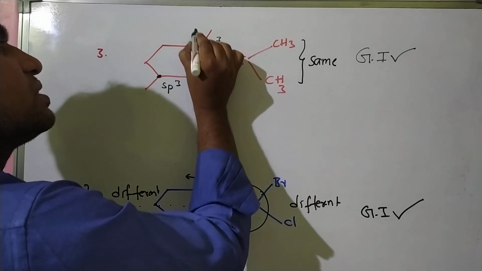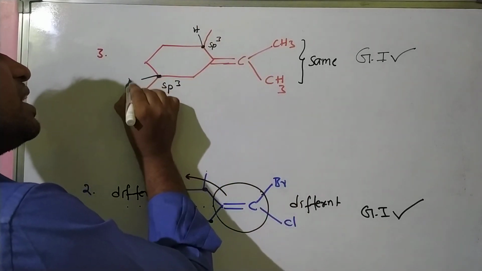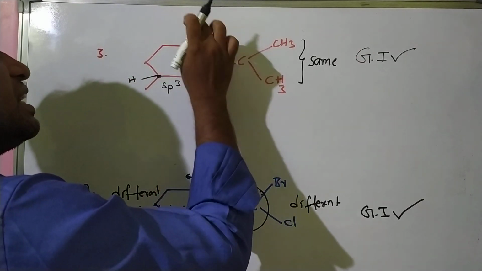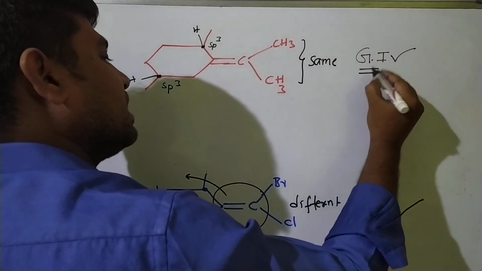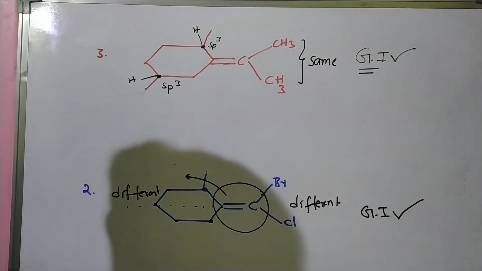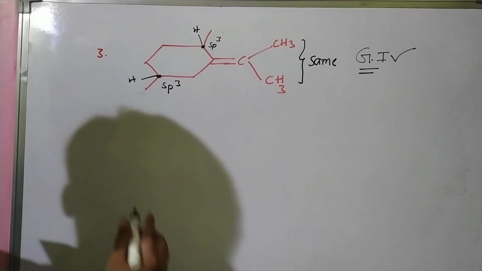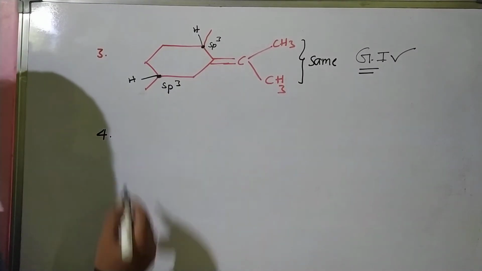Here a hydrogen atom is there. Here also a hydrogen atom is there. Means A, B are different. Here C, D are different. Definitely it will give geometrical isomerism. Okay, please note. Okay, next. Fourth example.